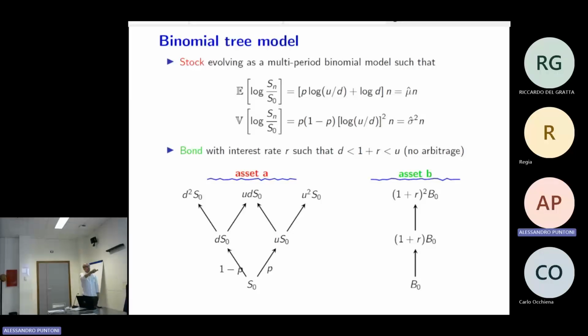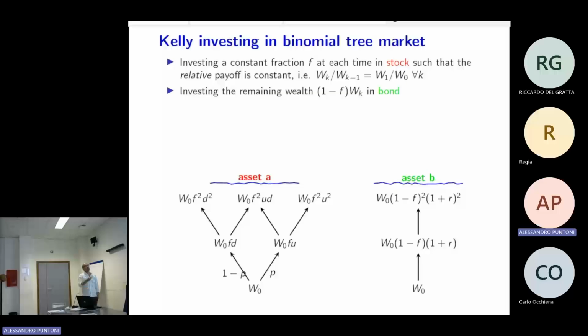What happens in the case of Kelly investing in this tree market? The idea is that we put a fraction f of the capital W0 in the stock. So we get W0 f U if the price goes up, and W0 f D if the price goes down. On the other side, we put 1 minus f of the capital in the bond, and this is the evolution of the value that we put in the bond.